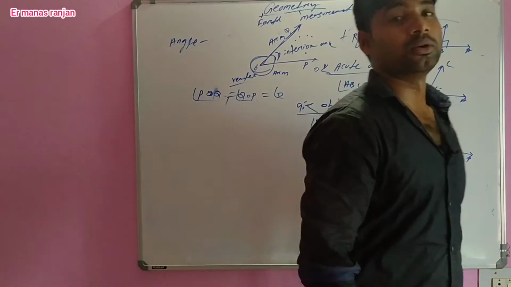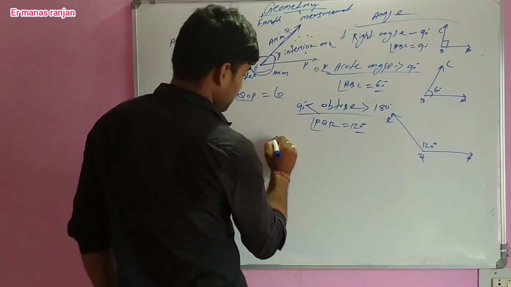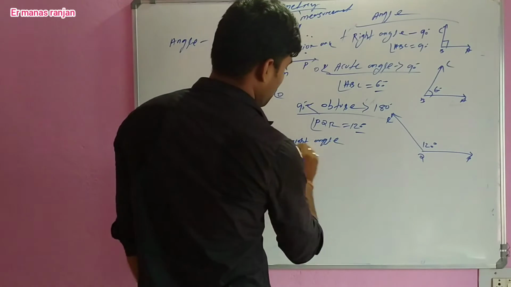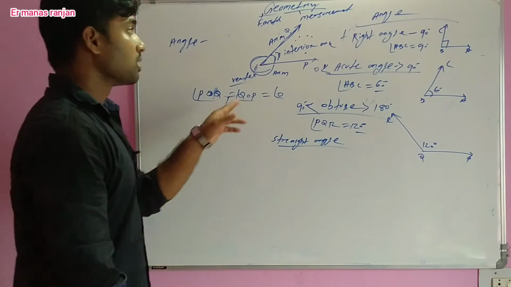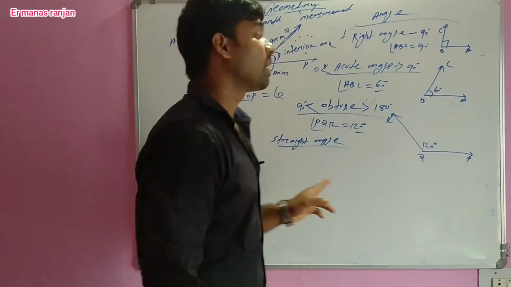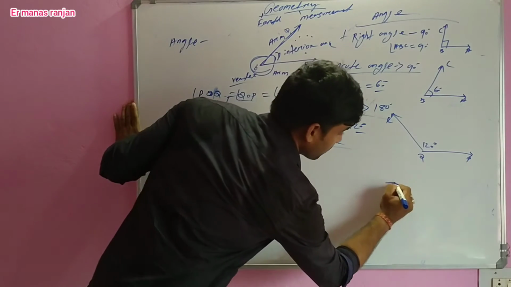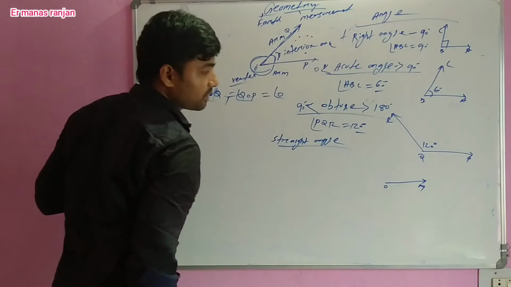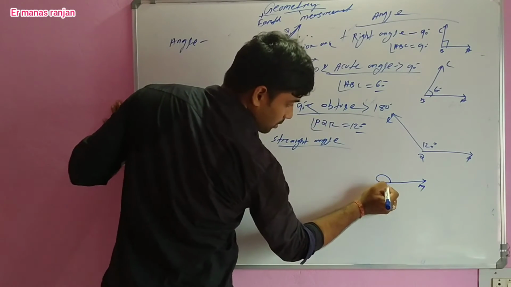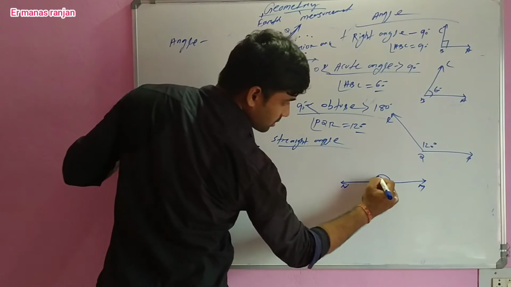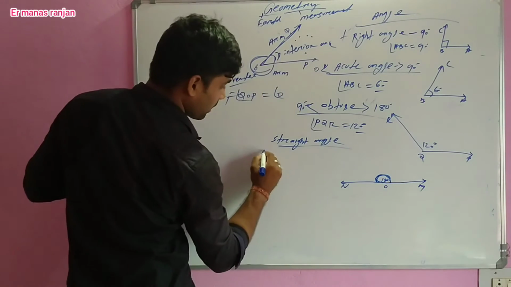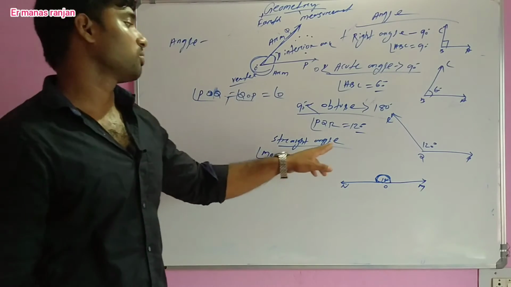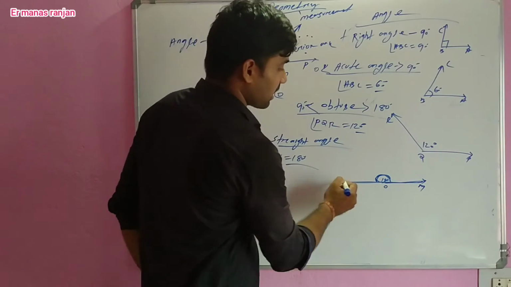Then the straight angle. What is a straight angle? The angle whose measure is 180 degrees. Suppose angle MON equals 180 degrees. If the angle measures 180 degrees, we can say it is a straight line.